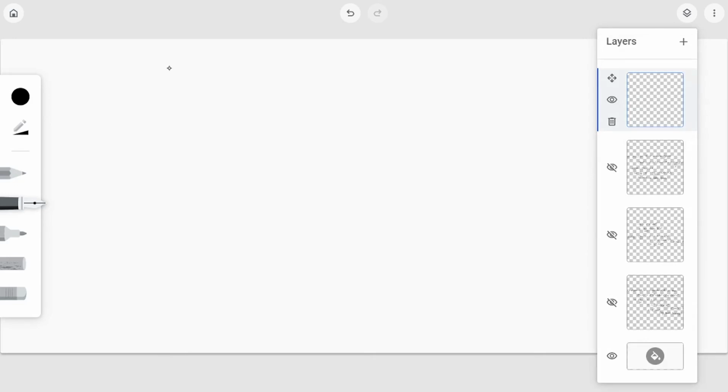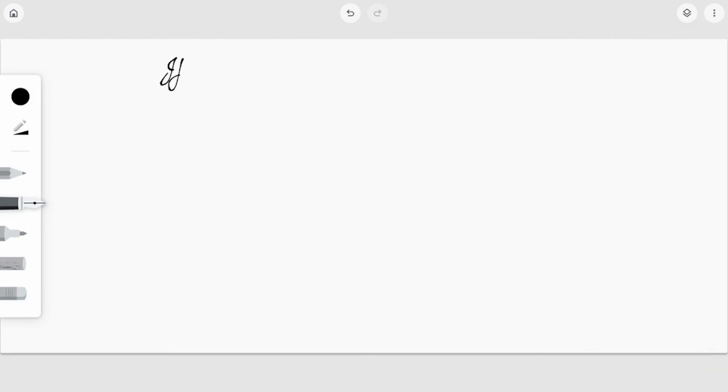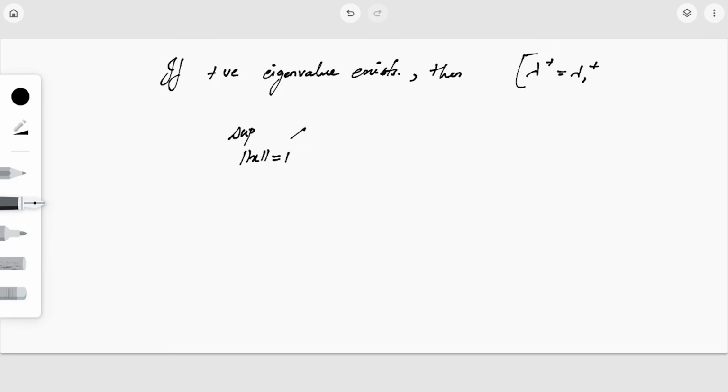Now we have to prove that if a positive eigenvalue exists, then we will set lambda plus equal to lambda 1 plus. So then what we get is the supremum over norm x equal to 1 of the inner product Txx will be equal to lambda plus.